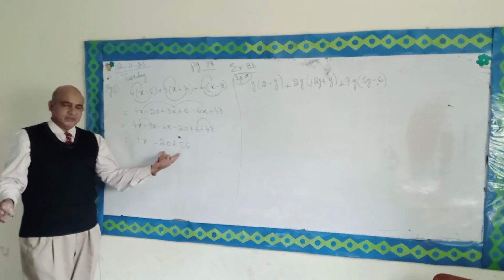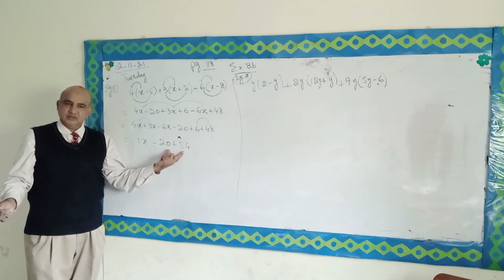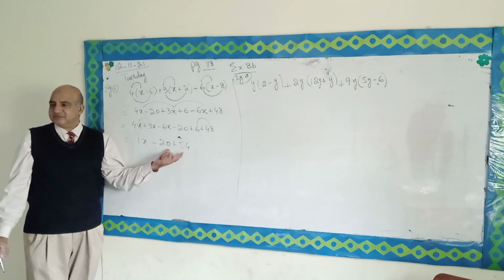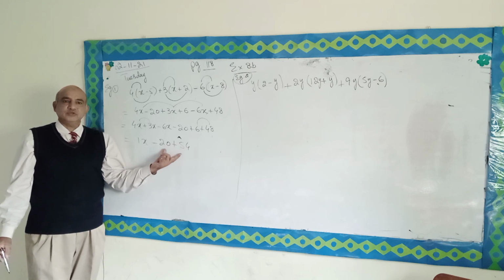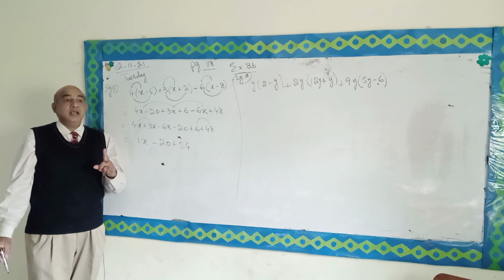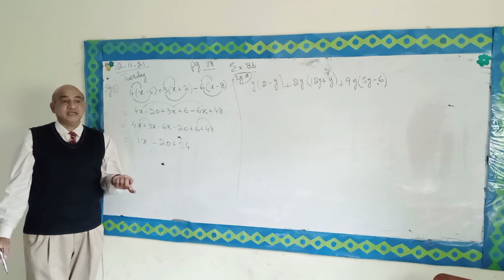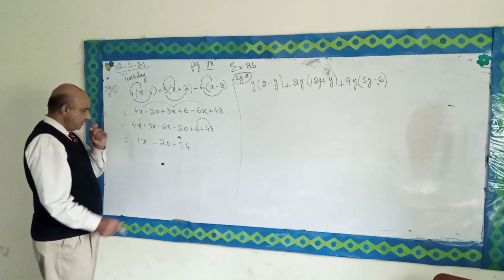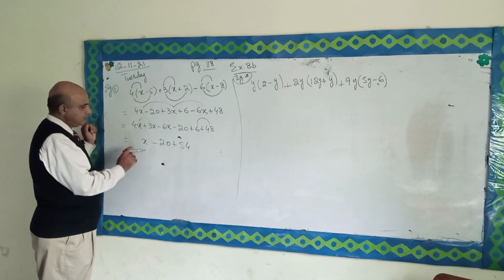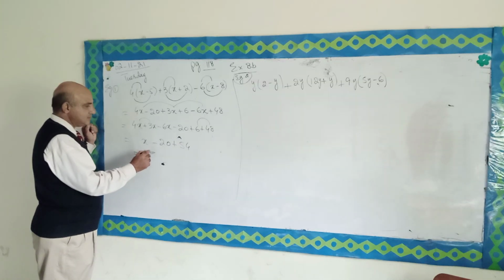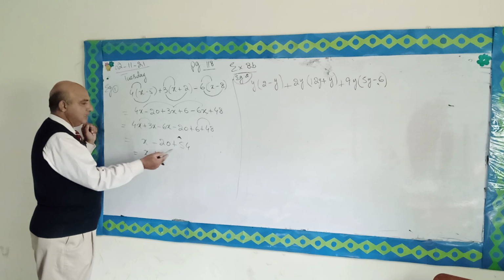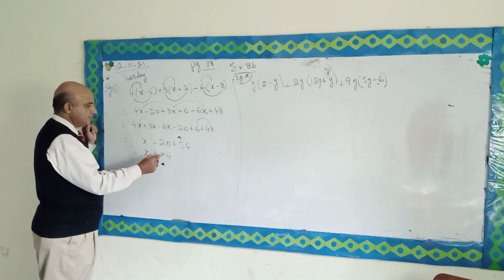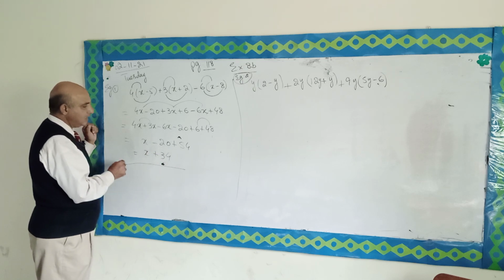When two numbers have different signs, we subtract them, right? Yes, sir. When two numbers have the same signs, we add them. Ali, can you tell me that when two numbers have the same signs, we add them, and when two numbers have different signs, we subtract them? This is very good. There is no need to write the 1 here, so we will write x minus 62, right? So this is the answer.